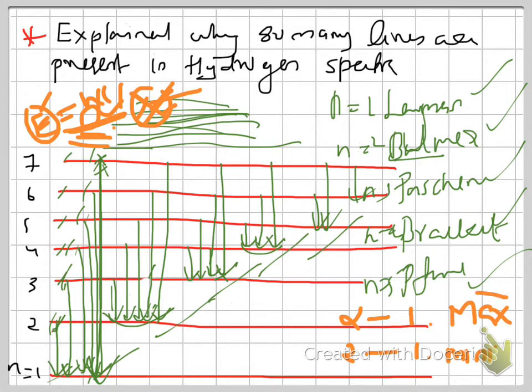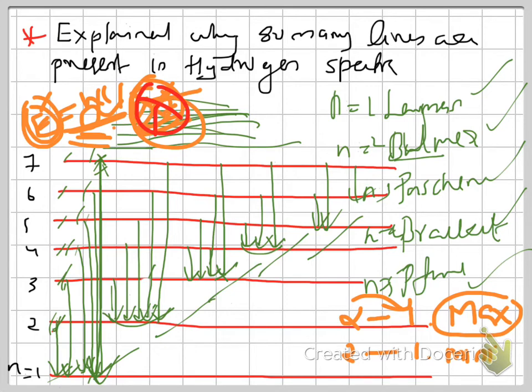Energy change is maximum means E is high. Then lambda should be low. Shortest wavelength means infinity to 1. Longest wavelength, lambda longest is possible if energy is low, then 2 to 1.